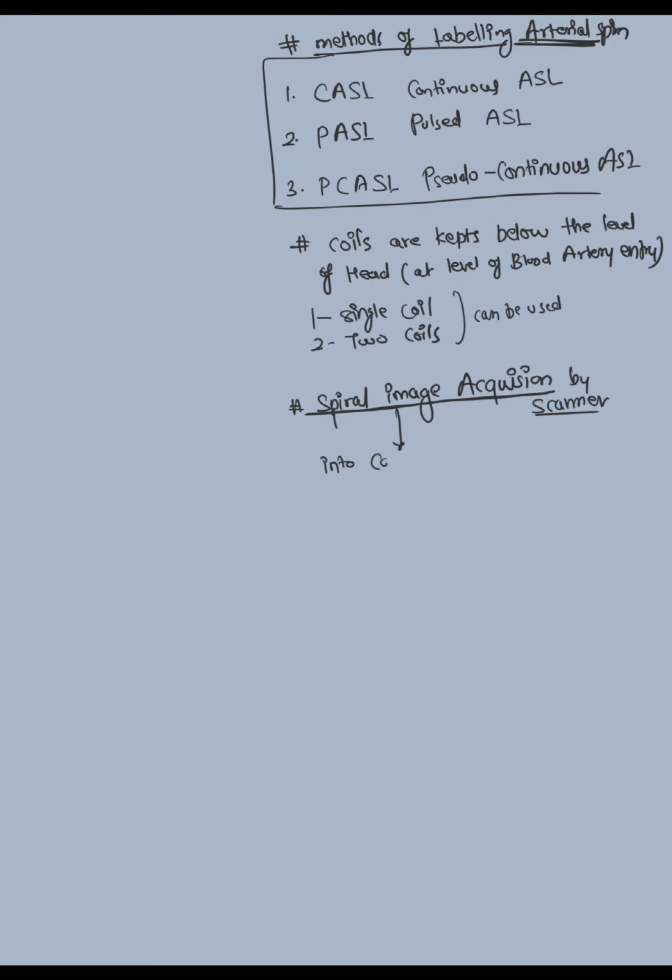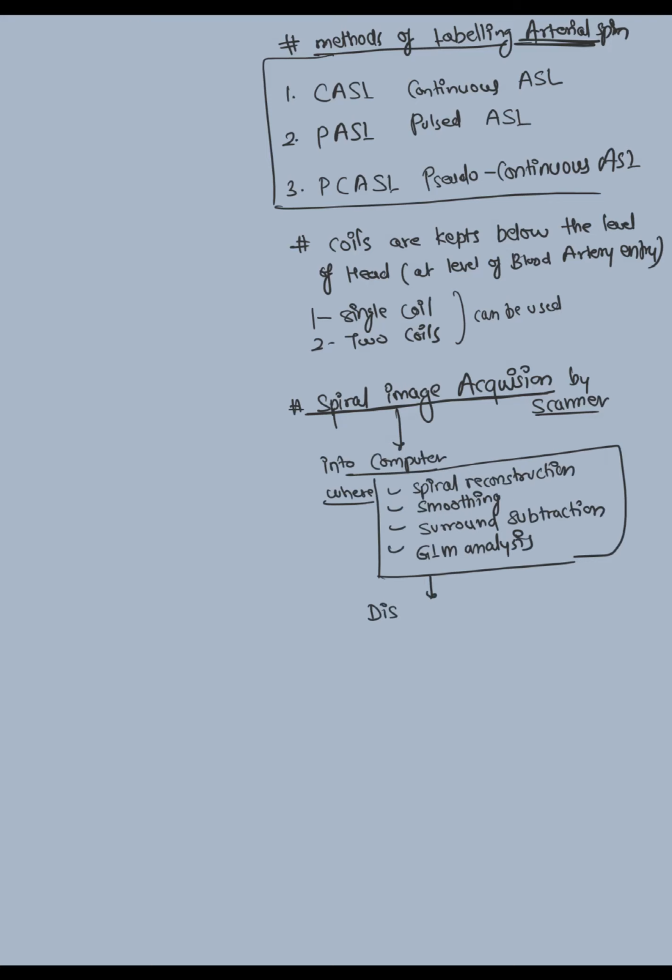A spiral image acquisition is the capture of images after alteration of this. So the image is captured, and that is called the spiral image acquisition, because these are captured by a scanner which is a spiral. So it will send the signals into the computer, and the computer will do the spatial recognition, smoothing, surrounding subtraction, and GLM analysis.